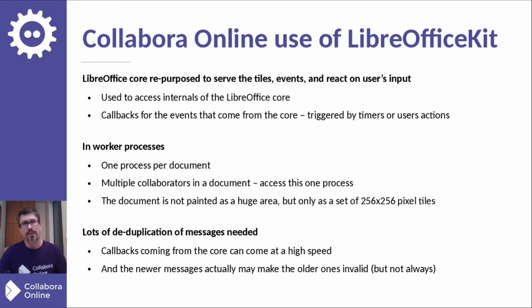So when the user goes through the paragraph, and there are lots of changes of styles, for example bold or italic, and goes at high speed, and the network doesn't get it this fast, it doesn't matter what was in between.